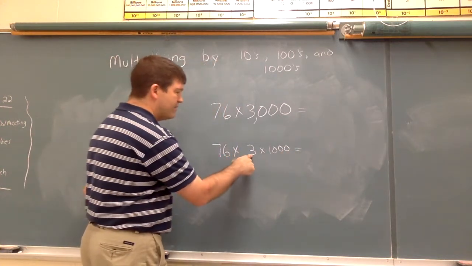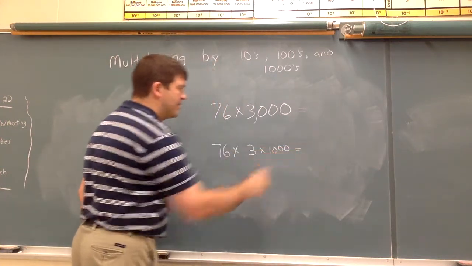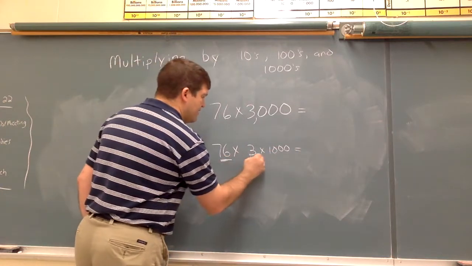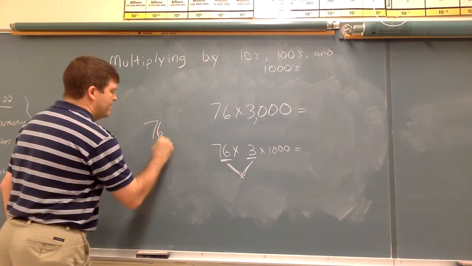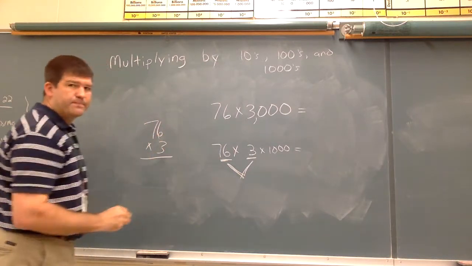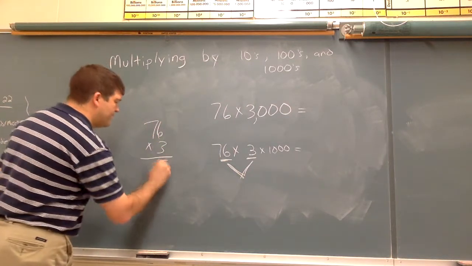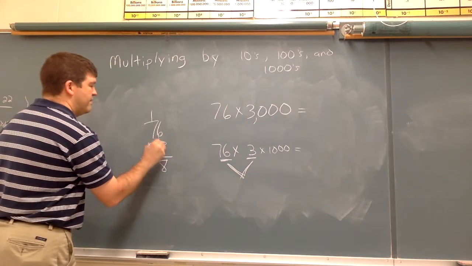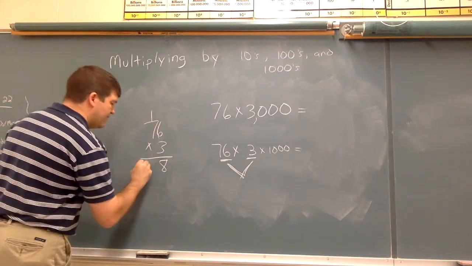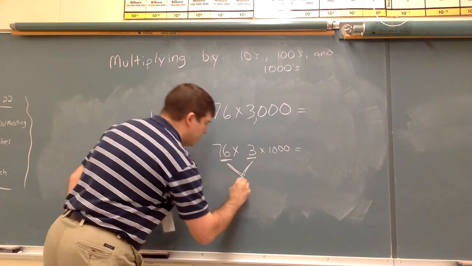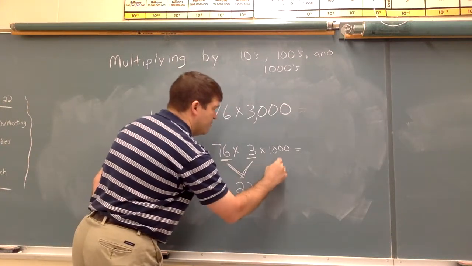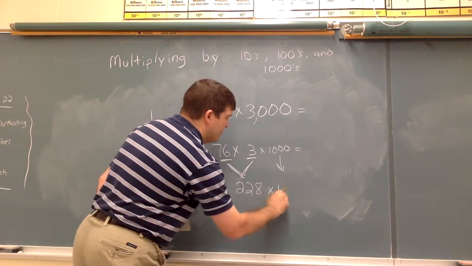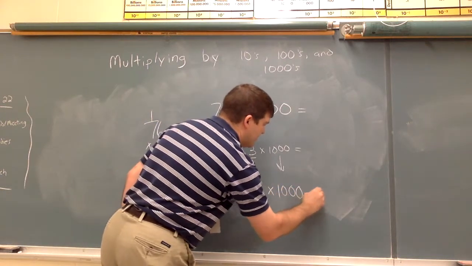So 76 times 3 times 1,000 would get me that. Let's do that. I'm going to bring these down. 76 times 3. 6 times 3 is 18. 3 times 7 is 21, plus that is 22. So this comes down to 228, then bring this down, times 1,000 equals.